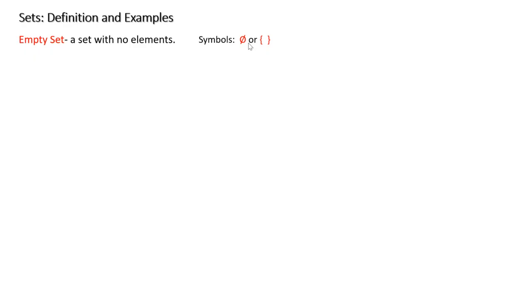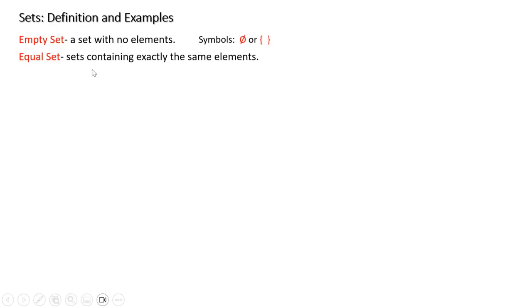Another mistake that students make is that they put the 0 with the line over it inside the brackets, and that's wrong. It's either the symbol or the curly brackets, not one inside the other.